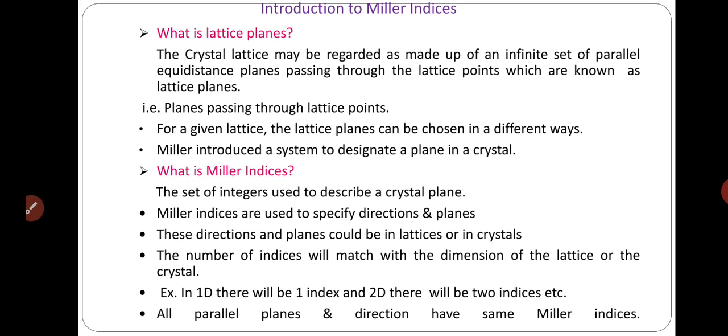So, the lattice planes are the planes passing through lattice points. For a given lattice, the lattice planes can be chosen in different ways. Miller has introduced a system to designate a plane in a crystal.